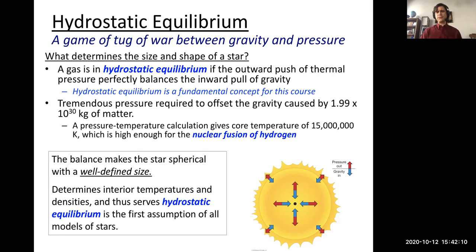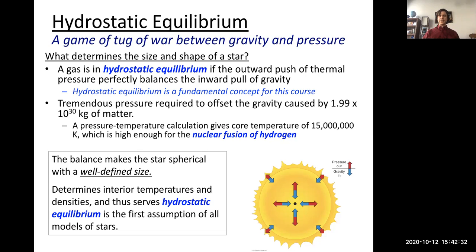I know it's a mouthful of a term, but it is a principal concept for understanding the stars. The sun is in hydrostatic equilibrium. Gravity trying to pull it in is perfectly balanced by the internal pressures, thermal pressure trying to push it outwards.